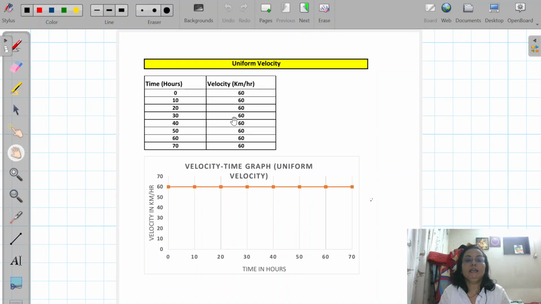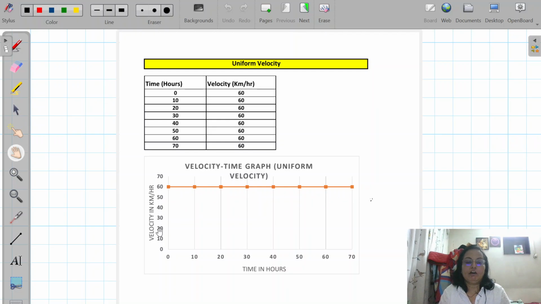After 30 hours, again it is moving at the speed of 60 km per hour. Again at the interval of 40 hours, it is again moving with the speed of 60 km per hour. So it is moving with a constant velocity or a uniform velocity.